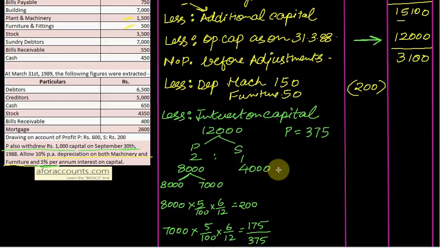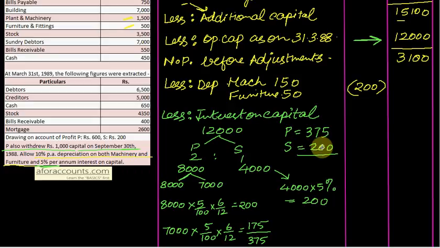And what about S? S is simple, nothing withdrawn. So 5% of 4,000 comes up to 200. So S's interest on capital is 200. Interest on capital is an expense of our business, so we deduct it from the net profit before adjustments.